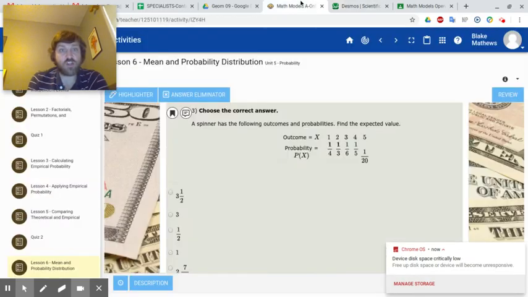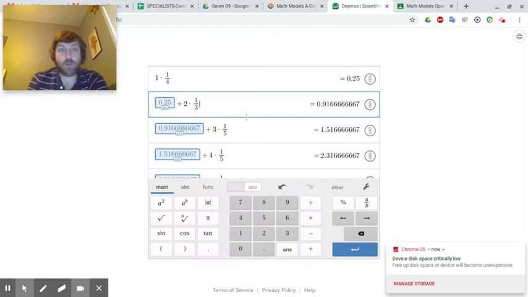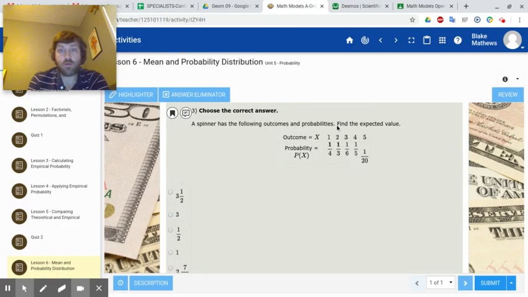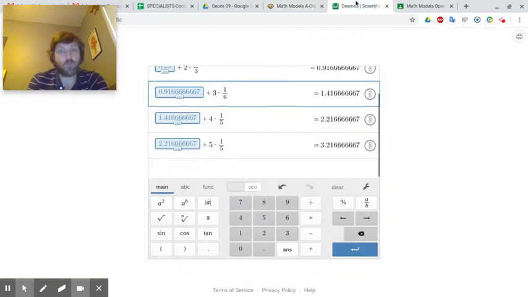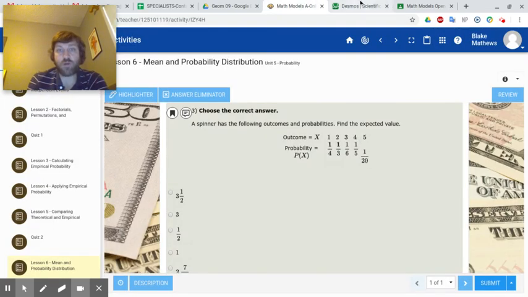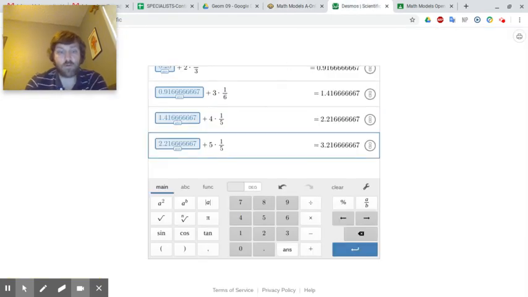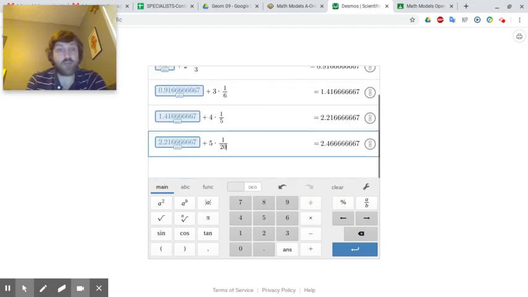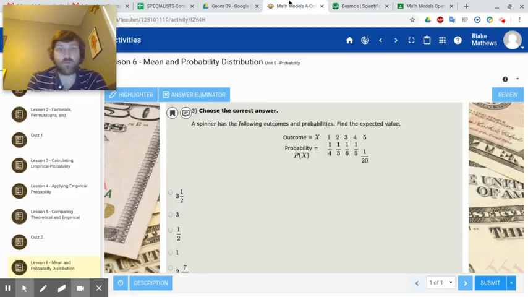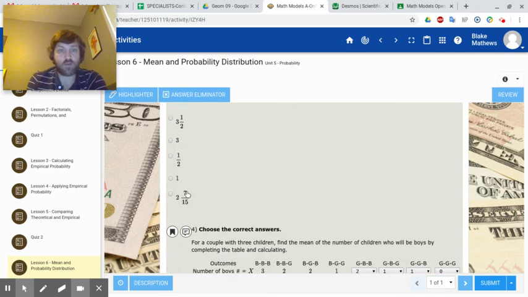See how everything's changing. 3 has a probability of 1/6. 4 has a probability of 1/5. That one stays the same. And then 5 has a probability of 1/20. And so we see our expected value went down because 5 was not very likely. So 2.46, and that's probably the answer.